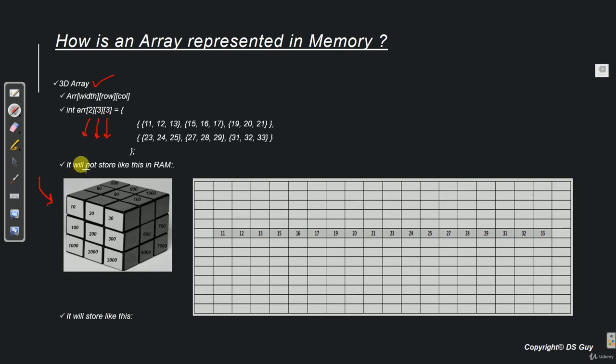So you might be thinking that this current array, which is ARR[2][3][3], will look something like this. But this is at a logical level. At the physical level it will be stored in this way. That is, it will be stored in a one dimensional array which is flattened from this 3D array.